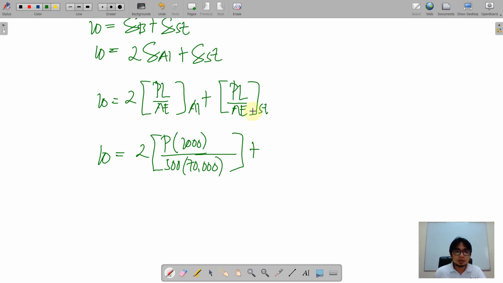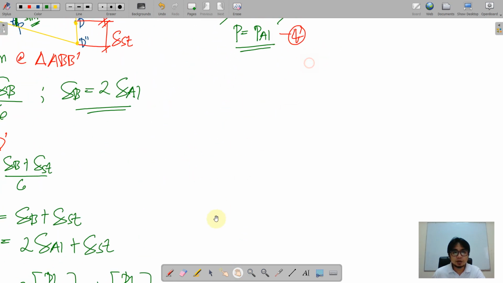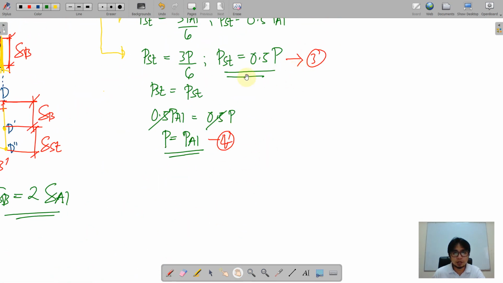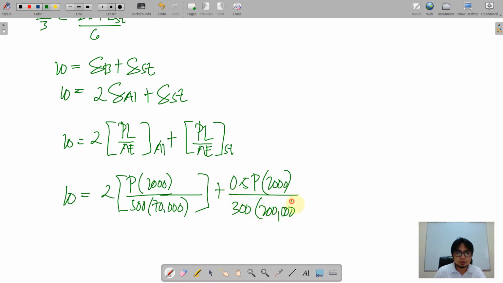Plus, what is P of steel here? The P of steel is 0.5 of P from equation 3. So we just place that here, 0.5 of P times, this is also 2000, and the area is 300. This is 200,000 for Young's modulus of elasticity.